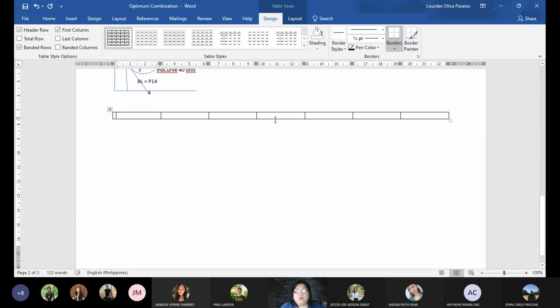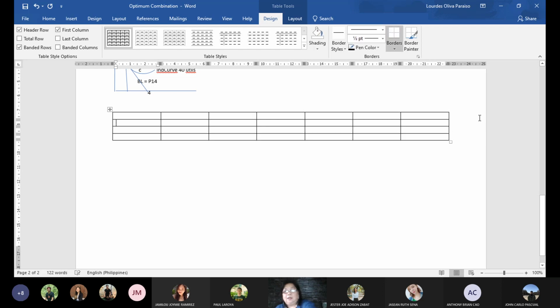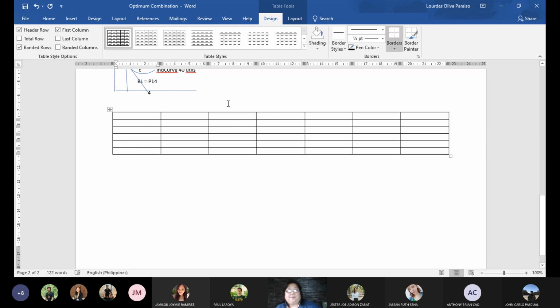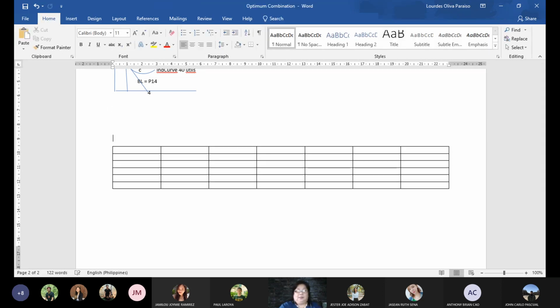Okay, so you have to leave this one blank. Ito, I'm not going to give you budget, but the price of A is equal to 50 centavos. Okay?